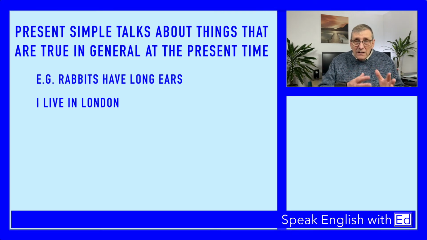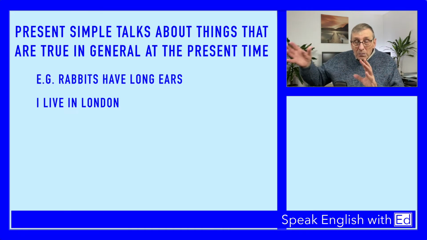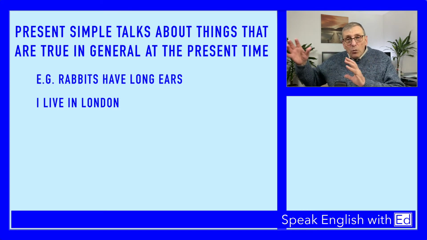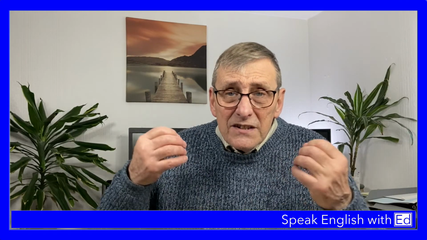Now this can be true at the time, but it doesn't have to always be true, because in a few years time, if you live in London, you may want to move away to somewhere else for any one of a number of reasons. So it doesn't have to be true forever, but it has to be true for the time that you're speaking about at the time.